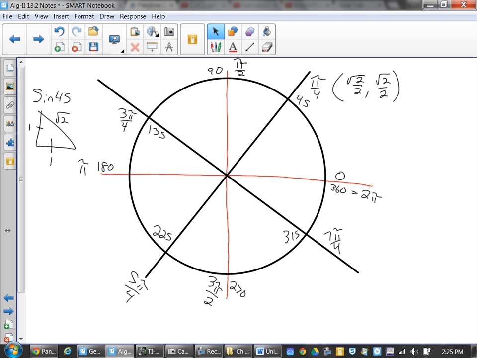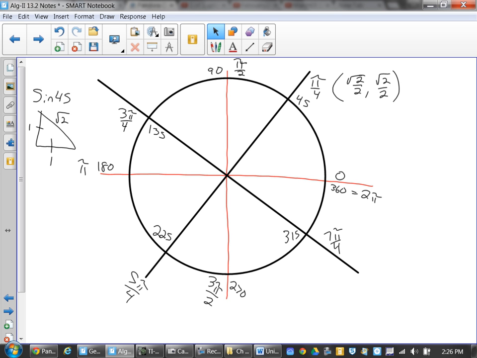So if this is root 2 over 2 for your x and y values, what is it over here then? Negative root 2 over 2 and root 2 over 2. What is it down here? They're both negatives. And what are they here? X is positive, y is negative. As you go through everything, people start doing more and more of the unit circle and think they have to memorize everything, but you don't need to.